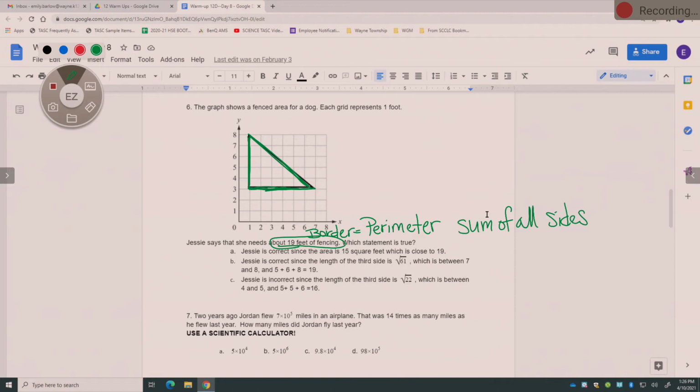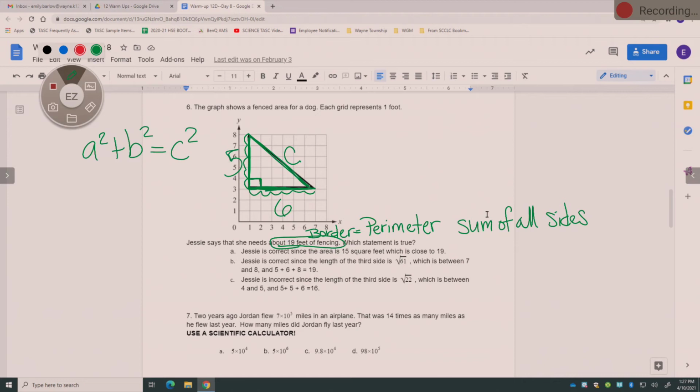So if I count for this side, 1, 2, 3, 4, 5, 6, and I count for this side, 1, 2, 3, 4, 5, and I recognize that I've got a right triangle, then I can use Pythagorean theorem to figure out this side. We're going to call that C, because remember with Pythagorean theorem, a squared plus b squared equals c squared.